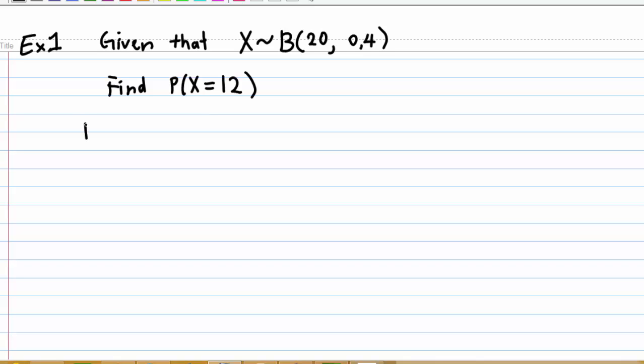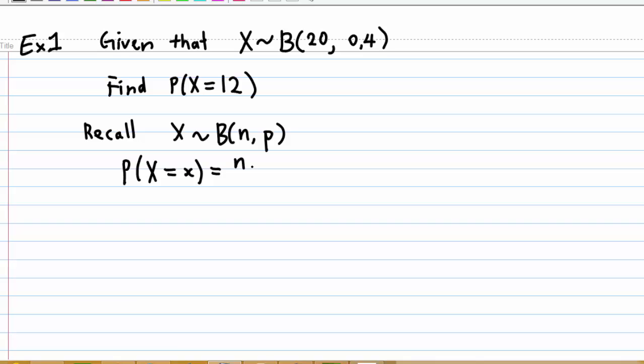We recall that if X is binomial distributed with n, p, then the probability of X equal to small x is equal to nCx p^x q^(n minus x), where q we know is 1 minus p.